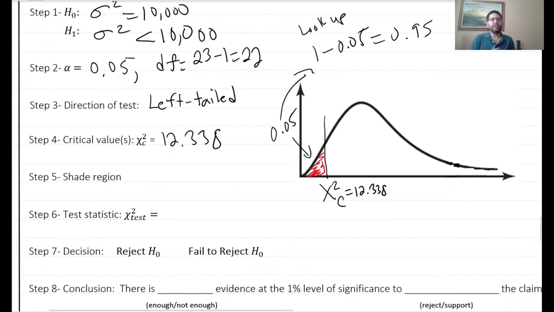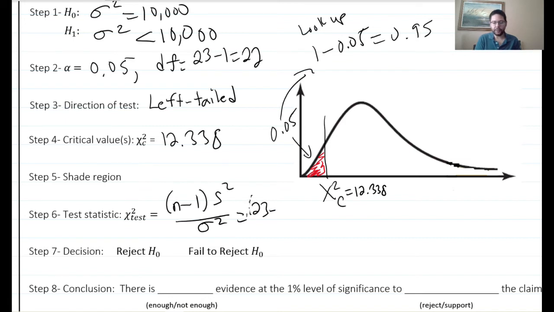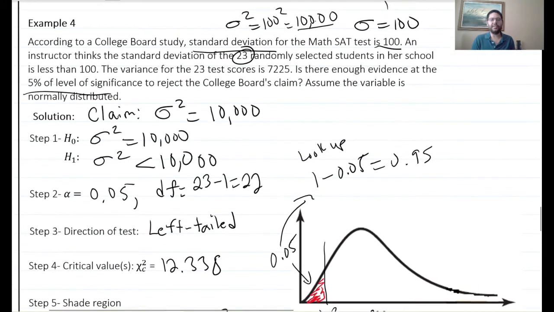Now we calculate the chi-square test statistic, which remember is n minus 1 times s squared over sigma squared. So n minus 1 is 23 minus 1. What is s squared in this case? Well, s squared is the sample variance.